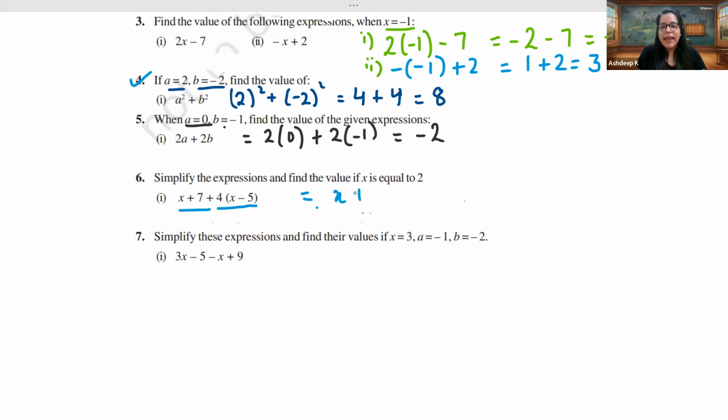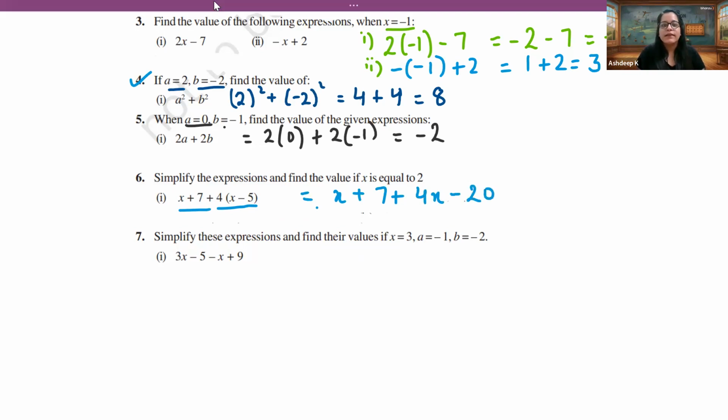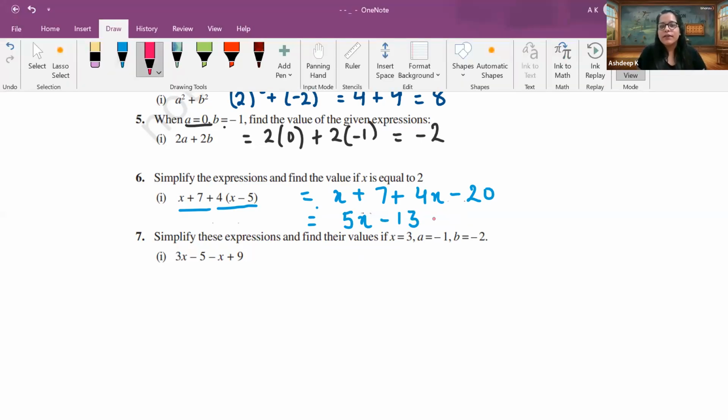So that would be x plus 7 plus 4 into x would be 4x minus 4 into 5 would be 20. So now we would directly solve. x plus 4x would become 5x. 7 minus 20, plus 7 and minus 20, that would be minus 13. Now we would simply put the value and find out the answer.